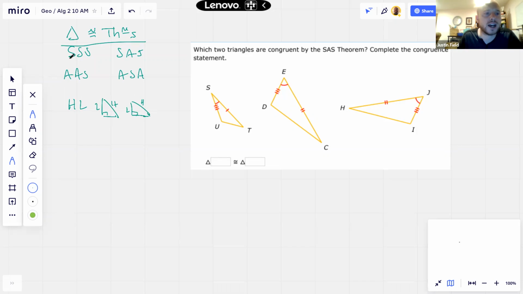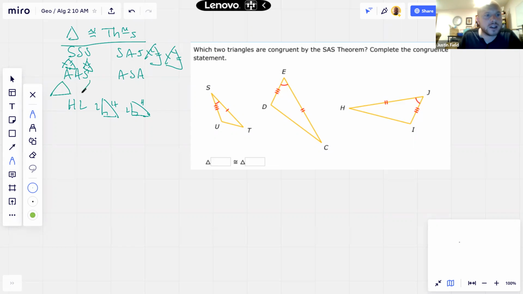So side, side, side looks like this. We got 1, we got 2, and then the 3. And then side, angle, side is when you've got the 1 side pair over there, the angle, and then another side pair. Don't worry, I'm going to practice a lot of these.